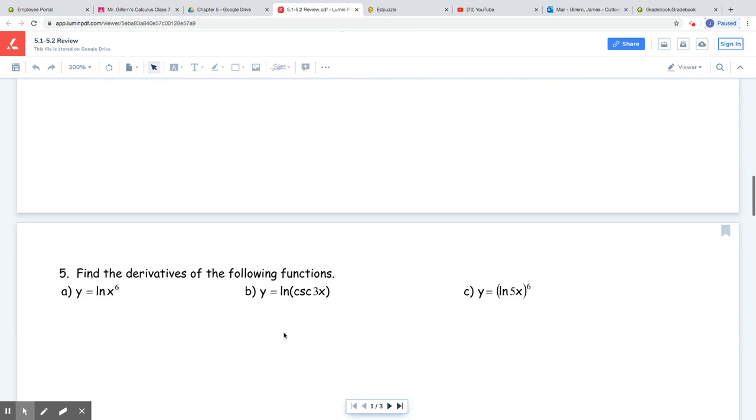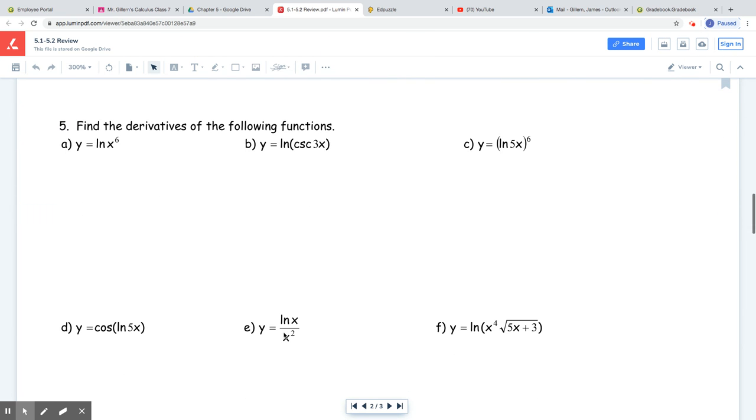All right. So now we get into the meat of what you need to make sure you know how to do, which is the next 2 sections, derivatives and integrals. Now remember that for the derivative of a natural log, it is du over u, which means you take the derivative of the inside, whatever comes after natural log, over the inside.